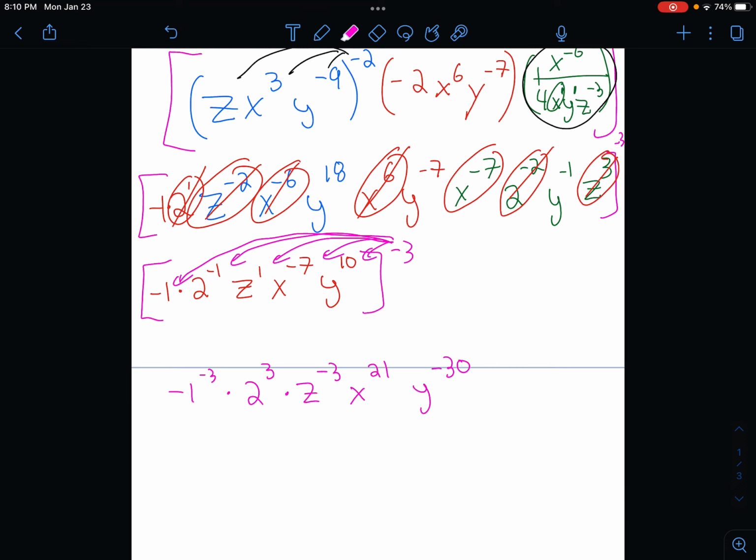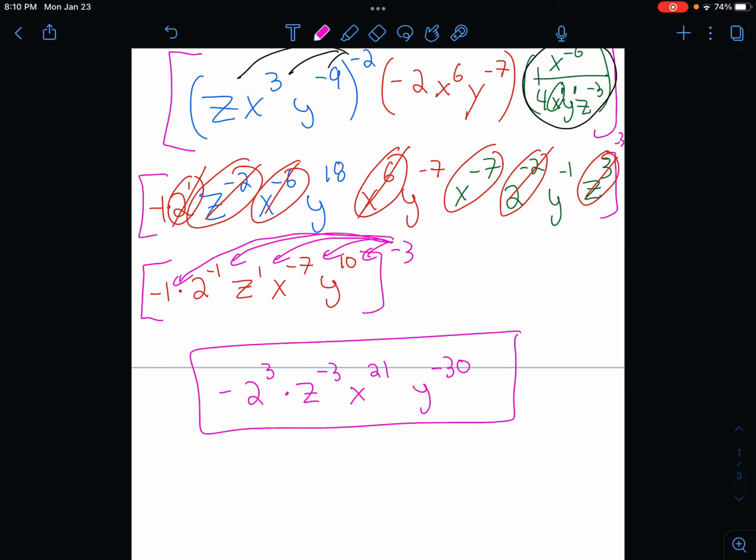And the only thing I want to look at here is this negative 1 to the negative 3. Well, that's equivalent to 1 over negative 1 to the 3rd. And a negative times a negative gives us a positive, and times a negative again gives us another negative. So this can all just resolve into a single negative sign out in front. So I can put a negative sign out in front, and we are good.